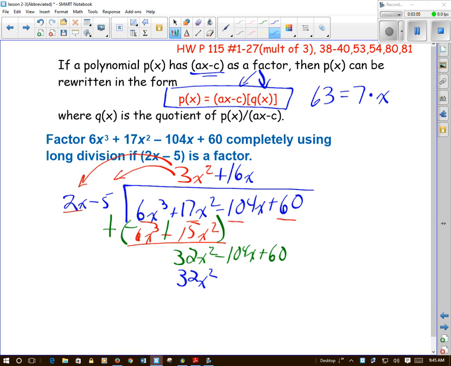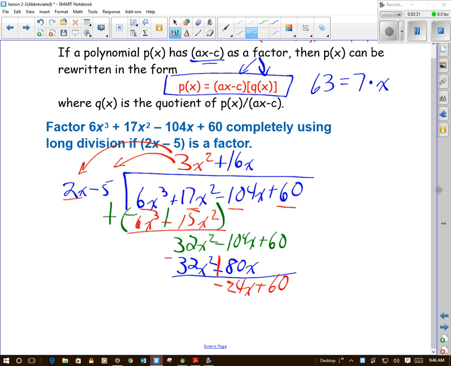And then 16 times 5 is going to be minus 80x. Add the opposite. So that's going to give us the 0x squared that we needed, and a negative 24x, and bring down the plus 60.